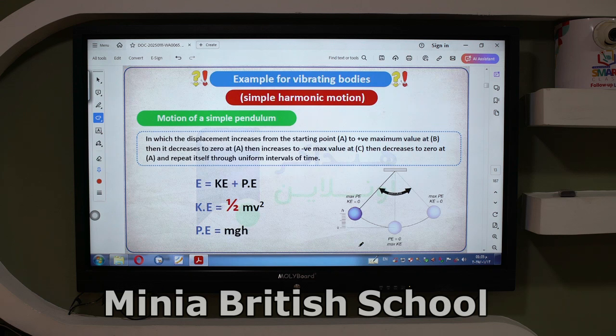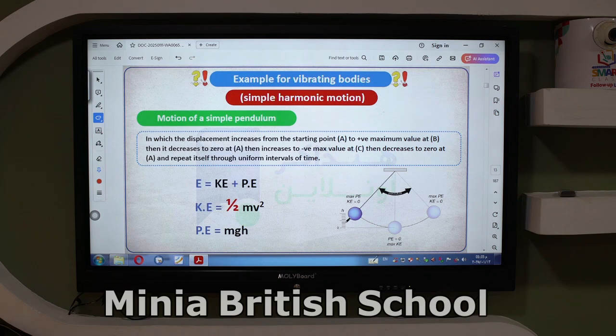So, when we start the motion from here, potential energy is at the minimum, equal to 0, but the kinetic energy is maximum. Then we move to the maximum displacement: maximum potential energy, but the kinetic energy becomes 0. Then kinetic energy increases to its maximum, but the potential energy decreases.